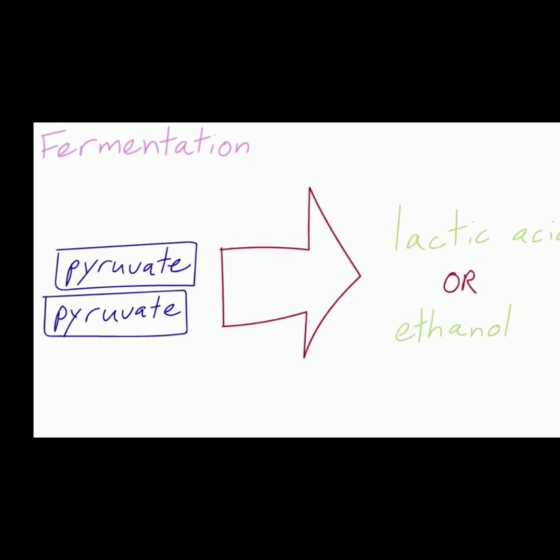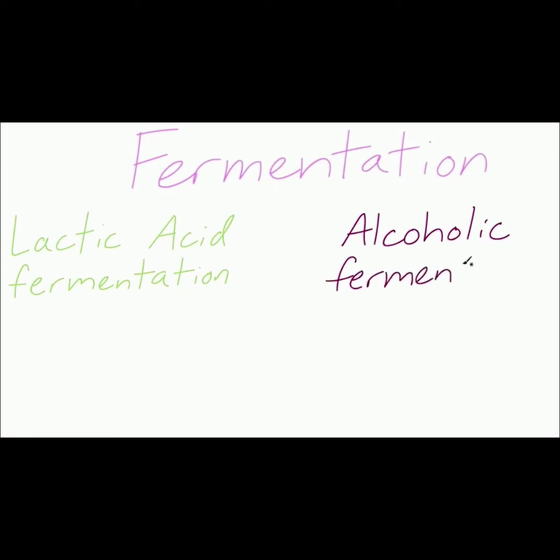Instead of using the pyruvates to form more ATP or electron-carrying molecules, as the cell does during respiration, the pyruvates stay in the cytoplasm and are used to produce either lactic acid or ethanol. Fermentation can result in the production of either lactic acid or ethanol, a type of alcohol.